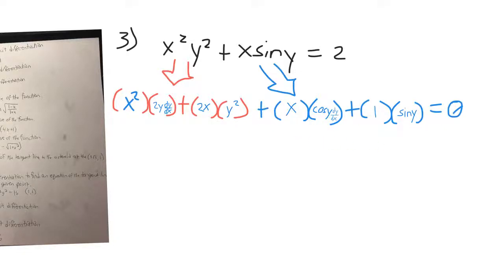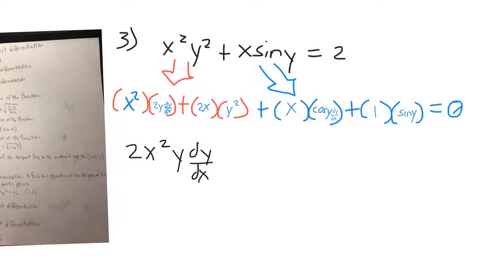But we are still nonetheless going to take note of where dy over dx occurs. That's here and that's here. So this term and this term get to stay, whereas this one and this one have to go. On the next line, I'm going to write the terms that get to stay. I'll stick this 2 out front. That's something you should definitely do.